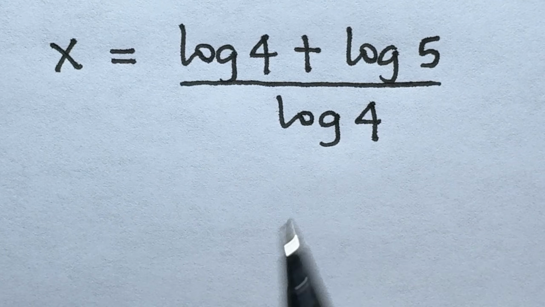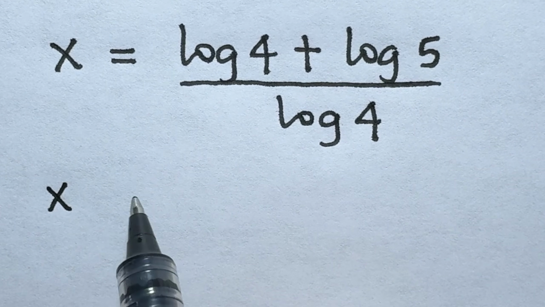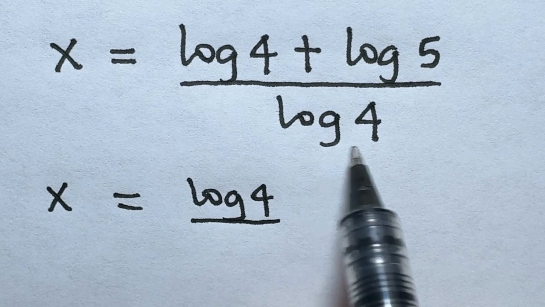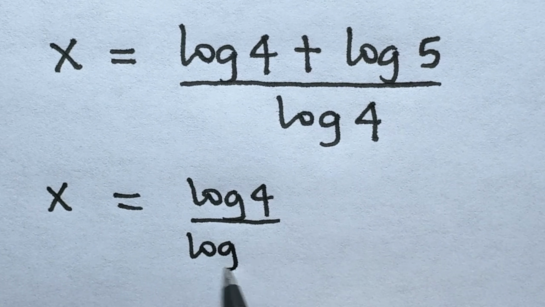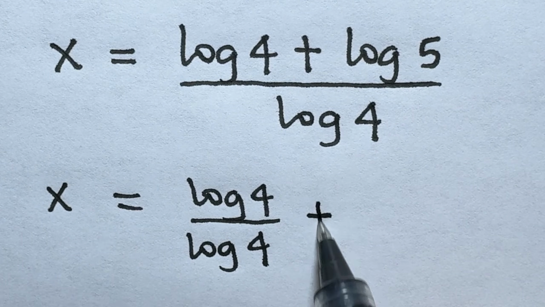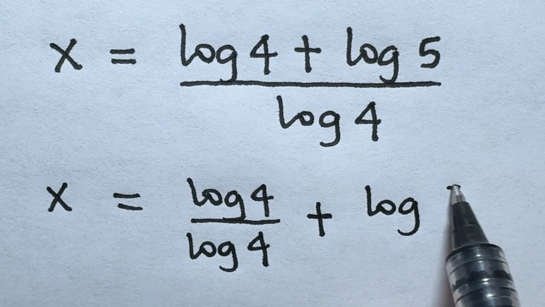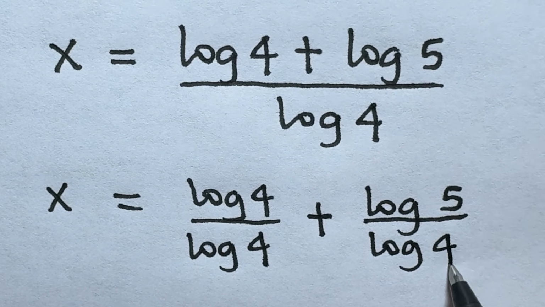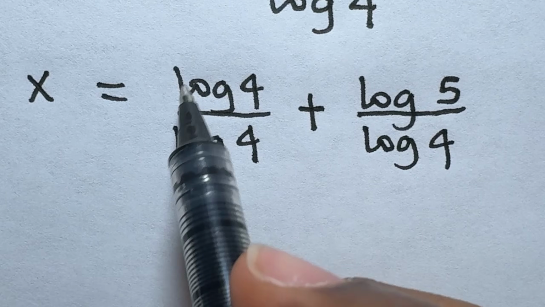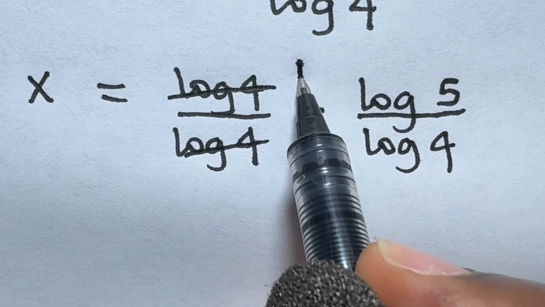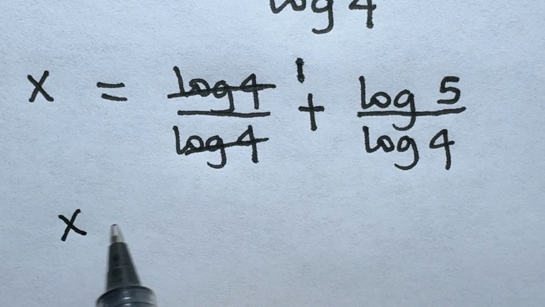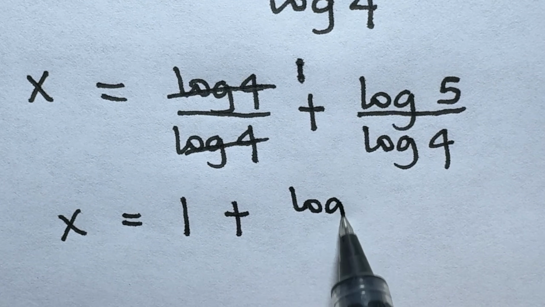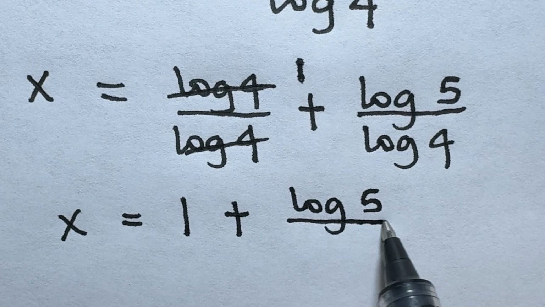We can separate this division to give us x equal to log 4 divided by log 4, then plus log 5 divided by log 4. Log 4 divided by log 4 here will give us 1. Then we have x is equal to 1 plus log 5 divided by log 4.